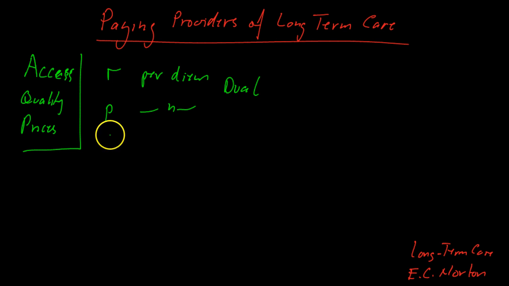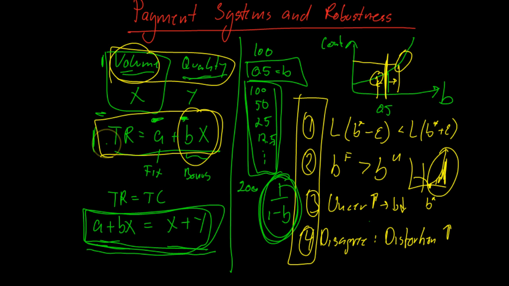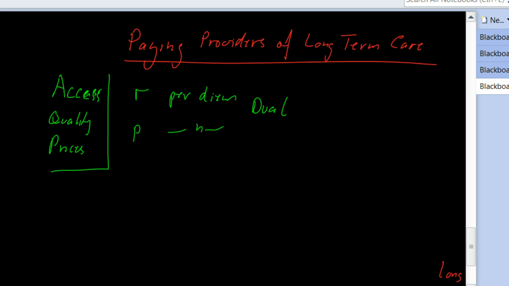And let's also assume that they maximize profit. Now you have a fixed number of beds here. Let's call that X bar. That's the number of beds you have available. And you're trying to maximize profit.